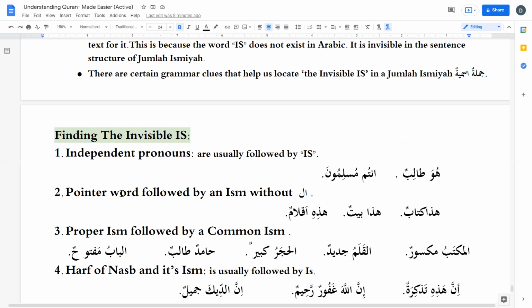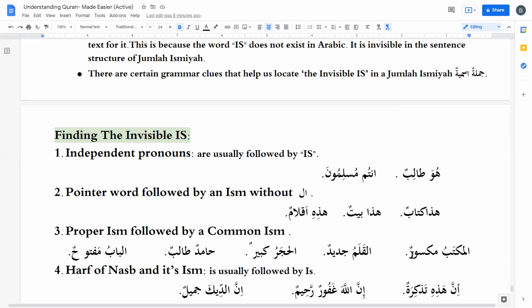Okay, now another thing which tells us that there's an "is" is a proper ism followed by a common ism. Al-maktabu maksurun. Al-maktabu is proper, with al.